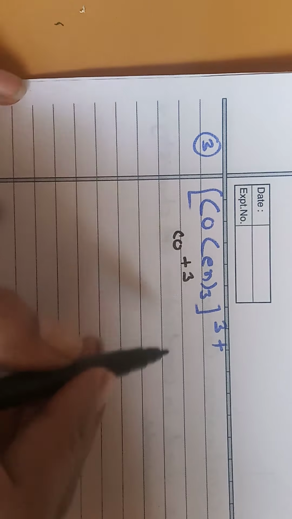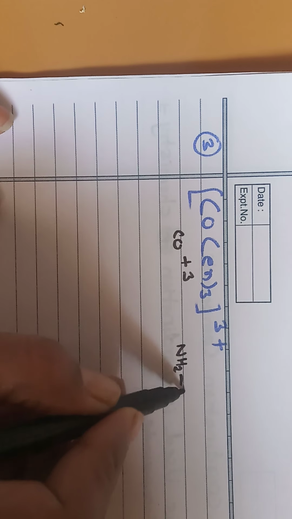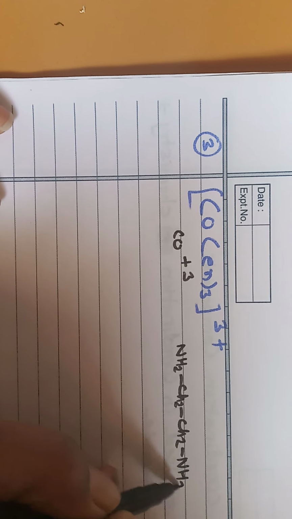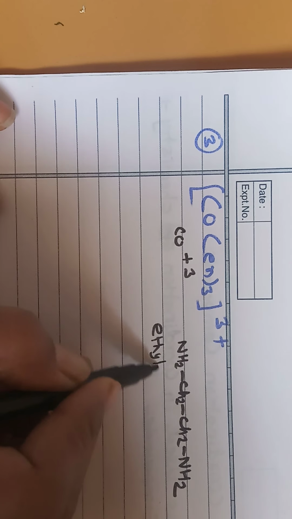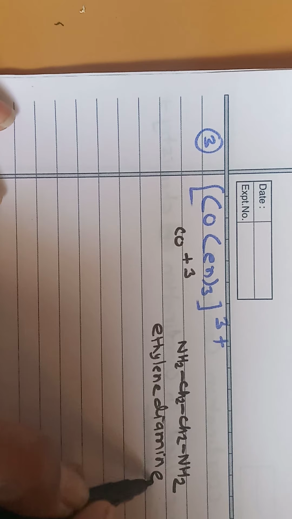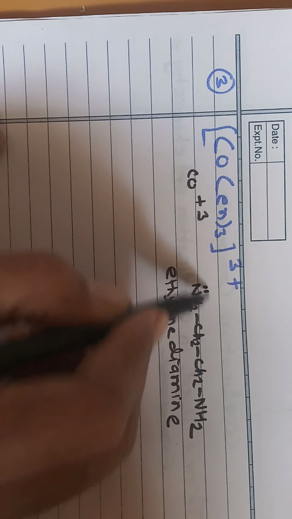What is En? En is ethylenediamine. This is the structure of En. The long form is ethylenediamine. Now this ethylenediamine has 2 donor nitrogen atoms.